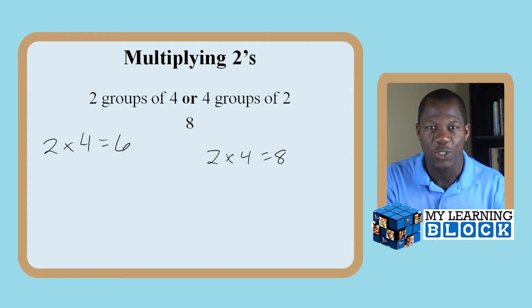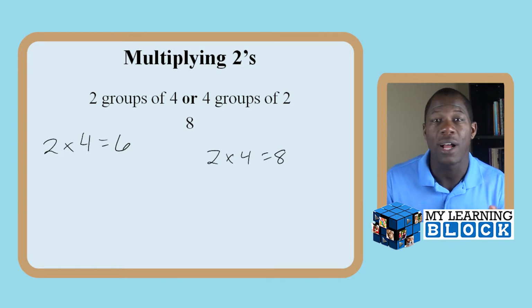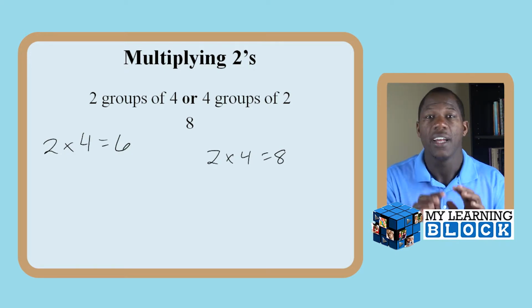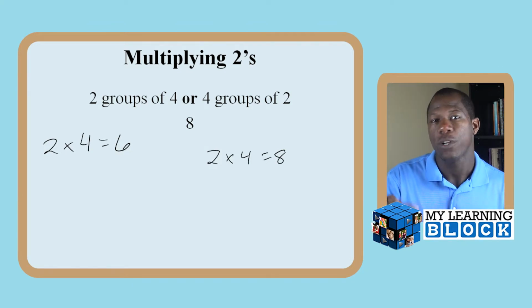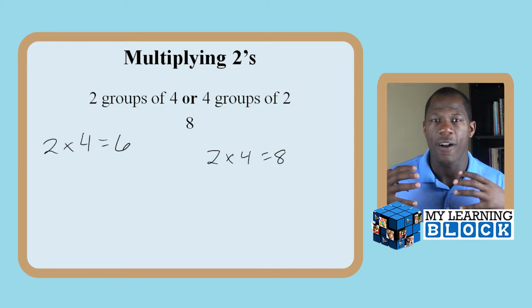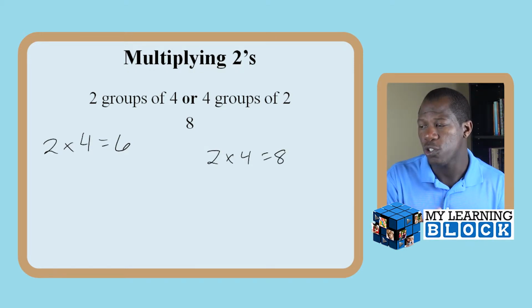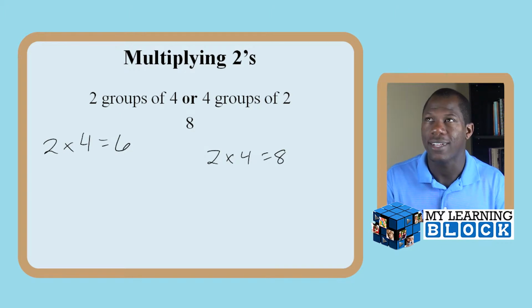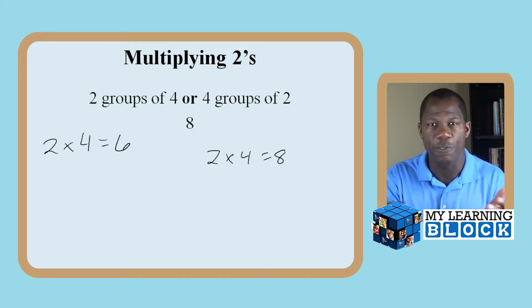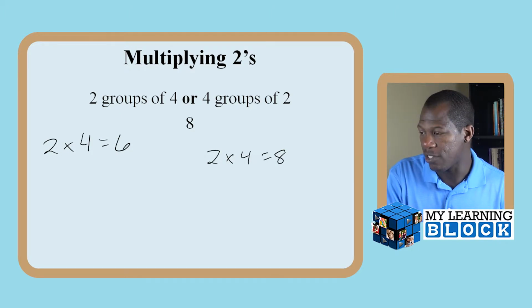If someone asked you how you learned that, you might say you memorized it, or you might say 2, 4, 6, 8. However your strategy is, the strategies we're using to teach children now are very conceptual. So if I have 2 groups of dogs, I can find out how many legs they have. Bear with me, I'm going to draw.